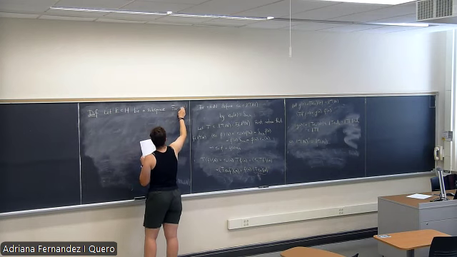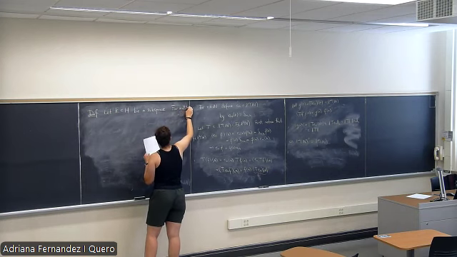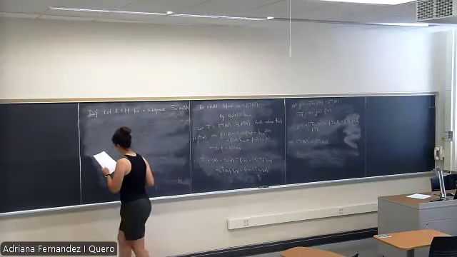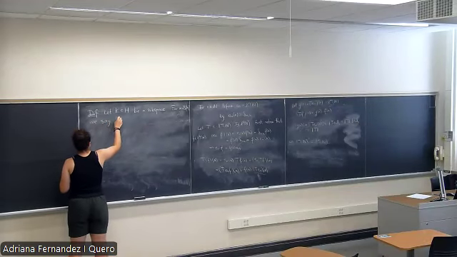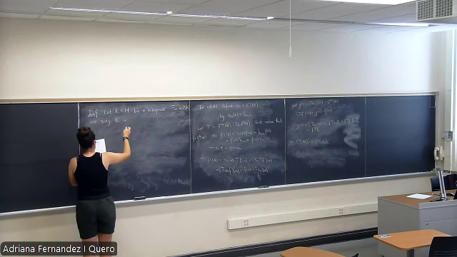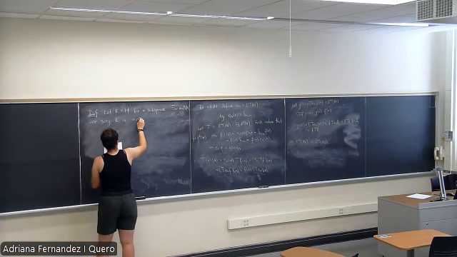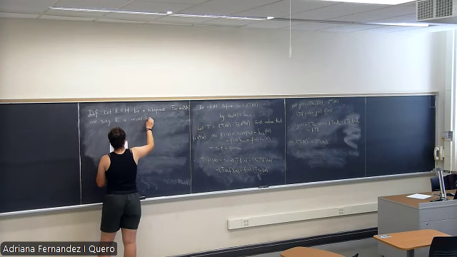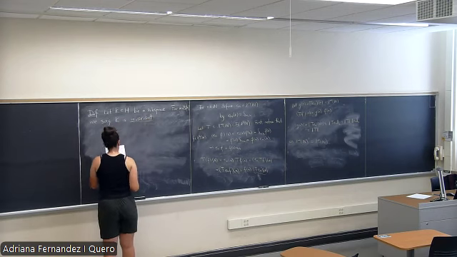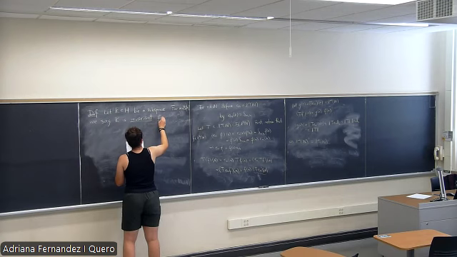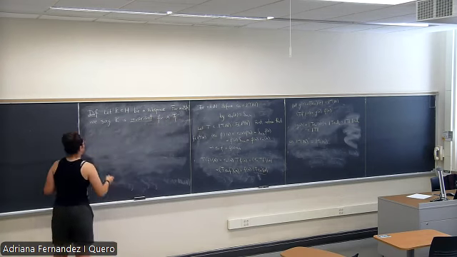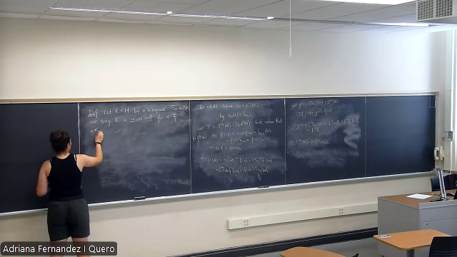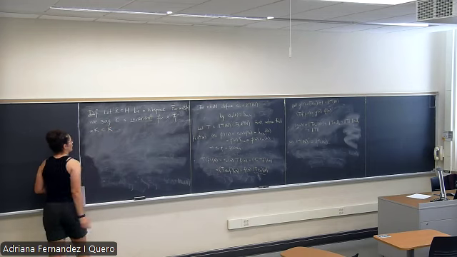For X in B(H), we say K is invariant for X if when you apply X to any vector in K, this lands back in K.